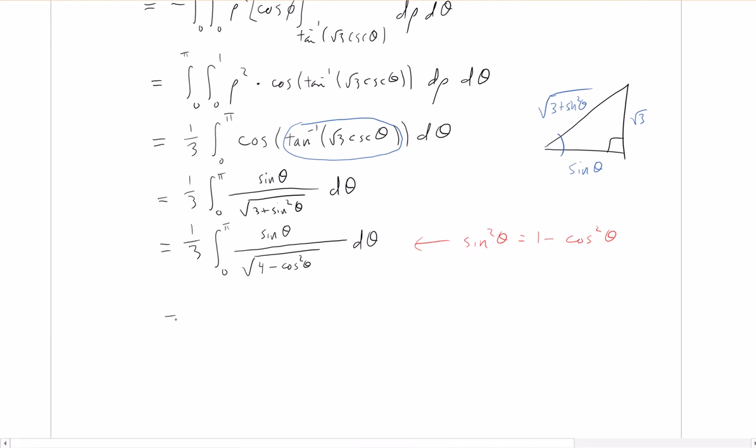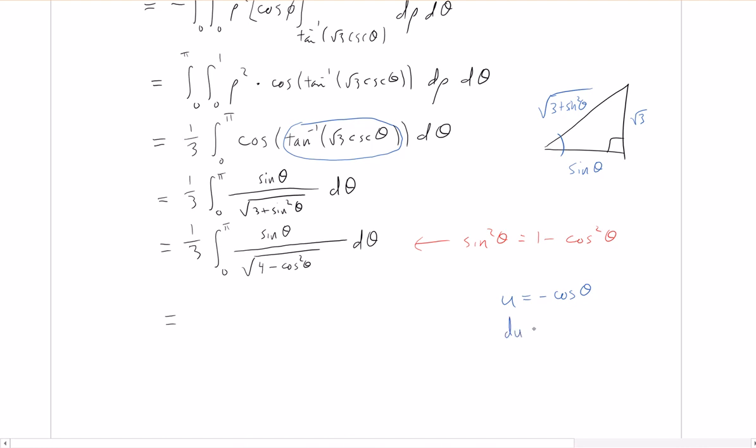We're going to do the u substitution. U is cosine theta. Or rather, u is minus cosine theta. So let's do that. U equals minus cosine theta.